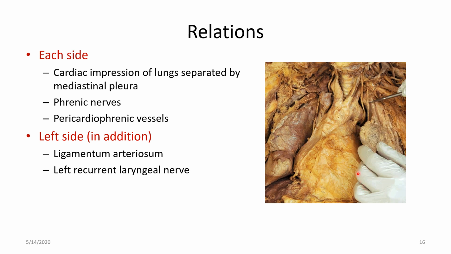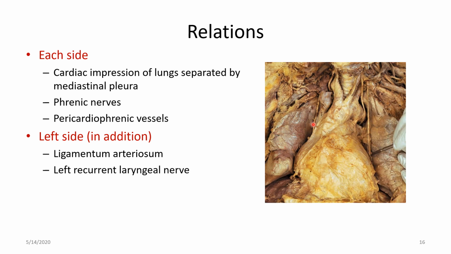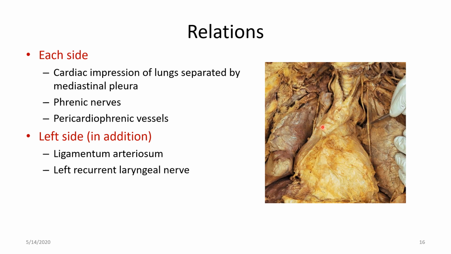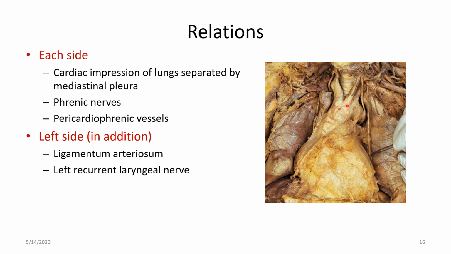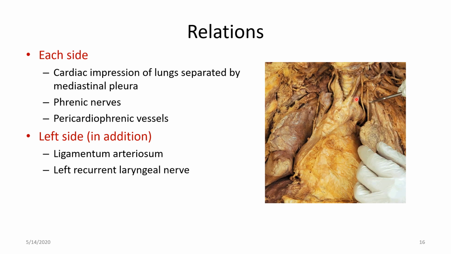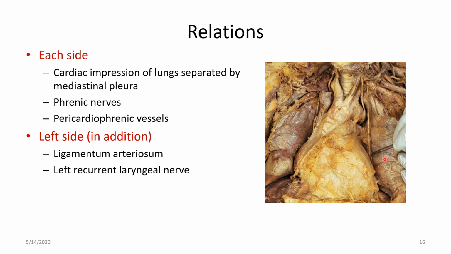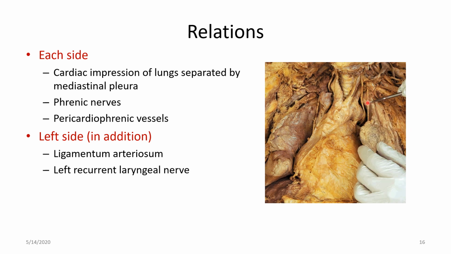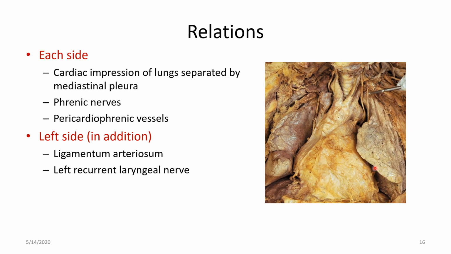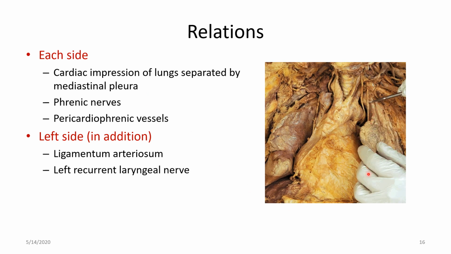So here you are seeing the heart enclosed with pericardium, and this is the right lung, and this is the arch of aorta and its branches, the brachiocephalic, the left common carotid and the left subclavian. So on each side it is related to the cardiac impressions of the lungs that are separated by pleura known as the mediastinal pleura, and you can see the phrenic nerve here.